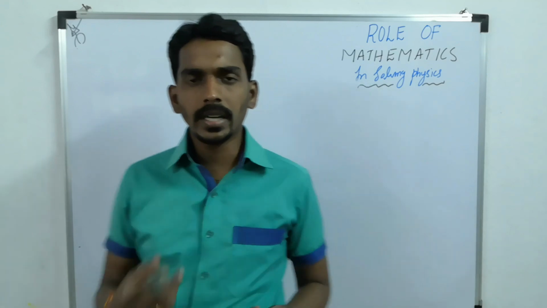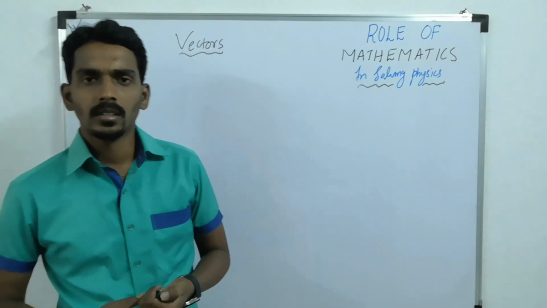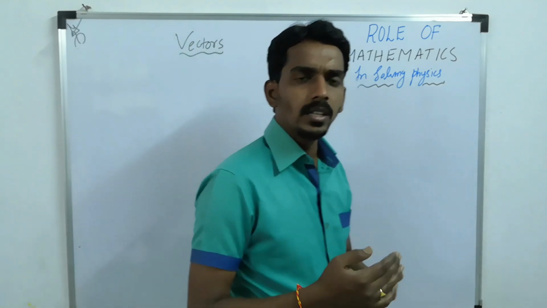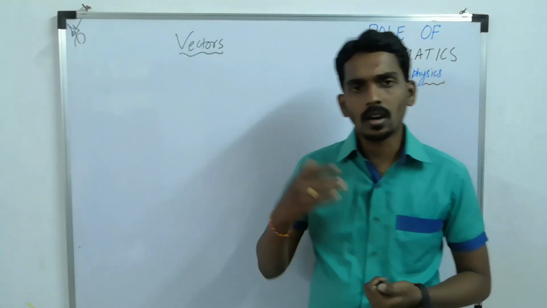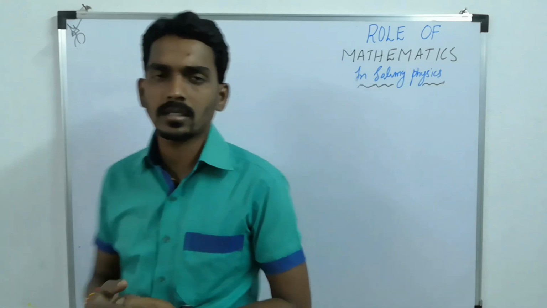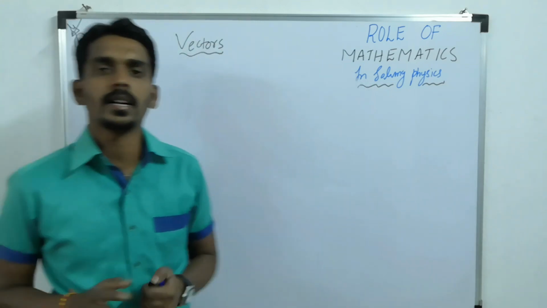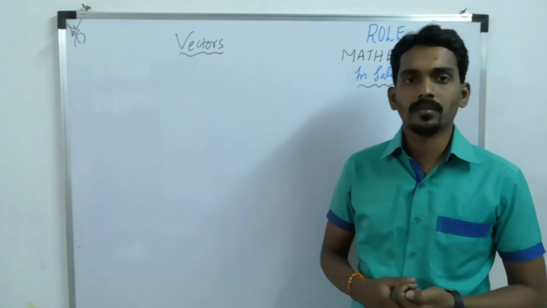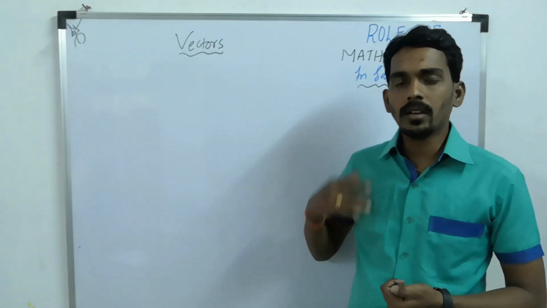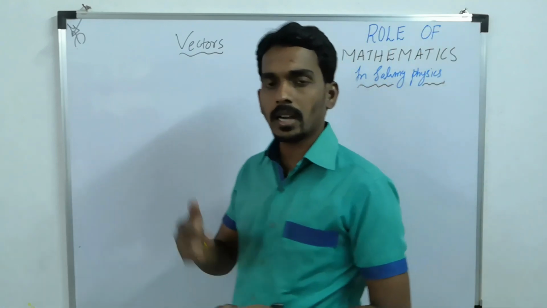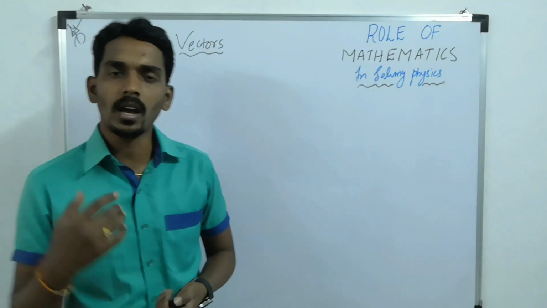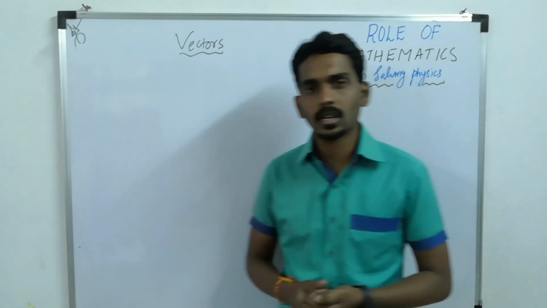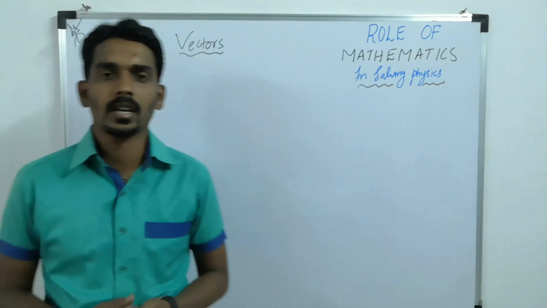We have three directions, x, y, z: east-west like the x-axis, north-south like the y-axis, upward and downward like the z-axis. There are three directions, and how do we represent them? You will use the unit vector notation i cap, j cap, k cap.